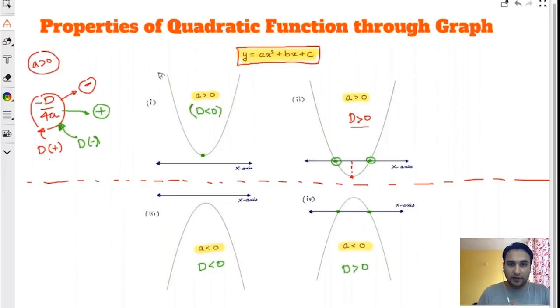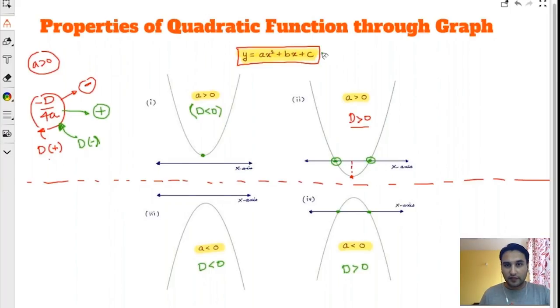Always remember one thing. Just listen to it very carefully. If y equal to ax square plus bx plus c is there, and if a is positive, d is negative, then this expression is always positive. Why? The graph is always above x-axis.